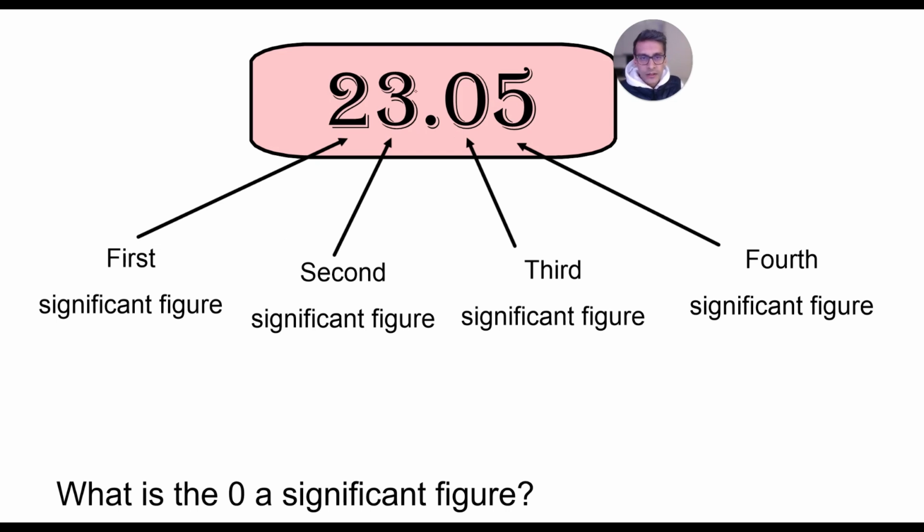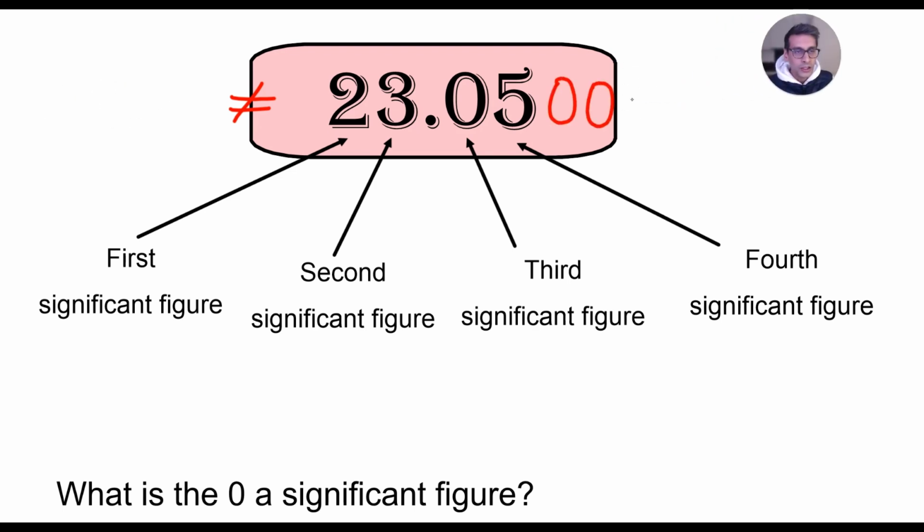Now, in the examples that we've looked at as well, that 0 is important because it is acting as a placeholder. Again, we can't ignore that 0, but this is not the same. So we should say it's not equal to 23.5. You can't just ignore that 0. If there was a 0 afterwards, I can add as many zeros as I want here.